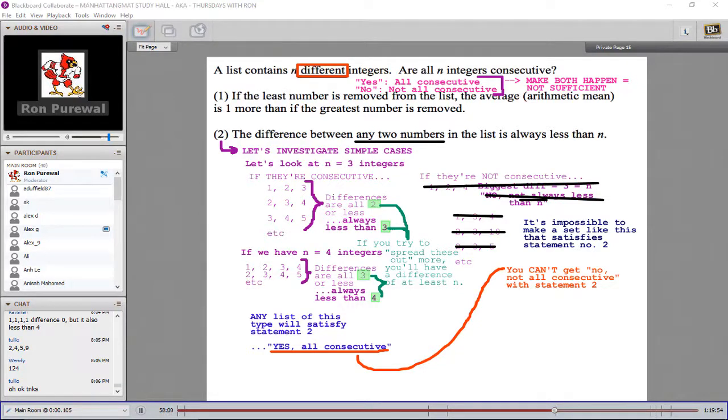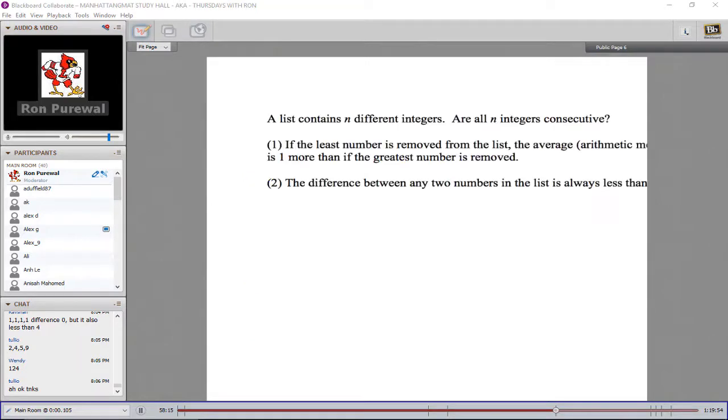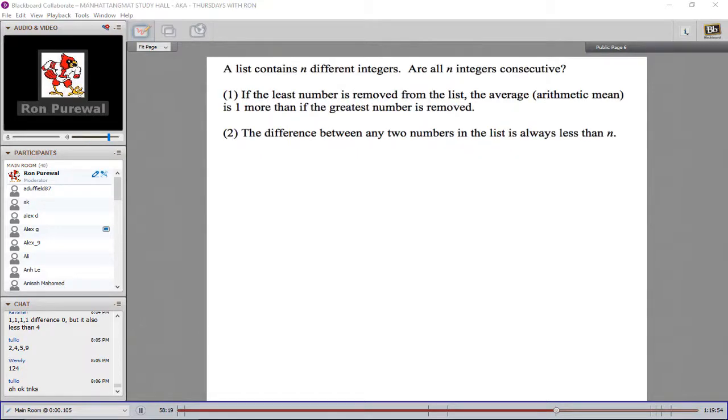Okay, now statement 1 is weird. Let's take a look at it. Let's give this another slide. Let's take the problem to another page. Okay, let's look at statement 1. So I'm just going to white out statement 2.